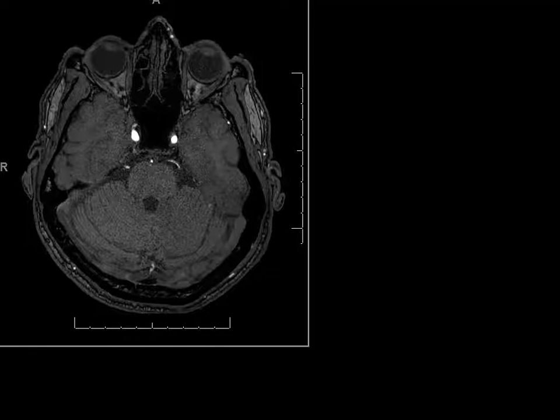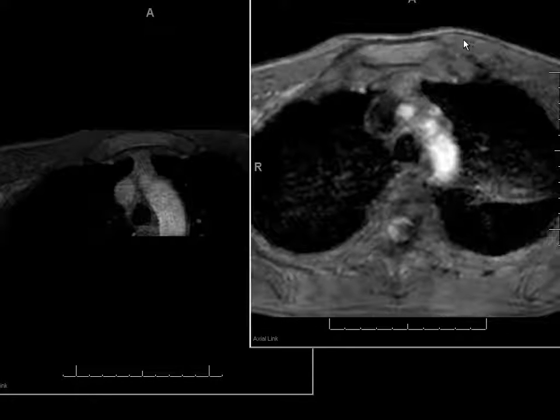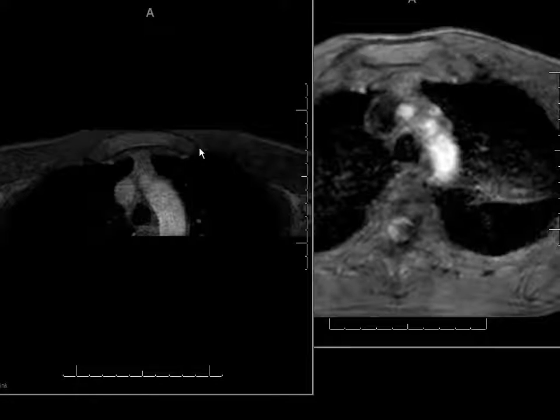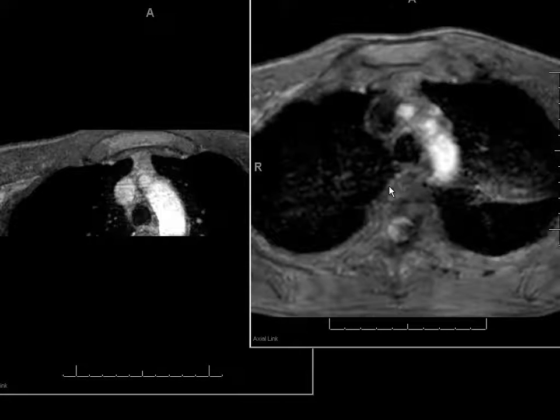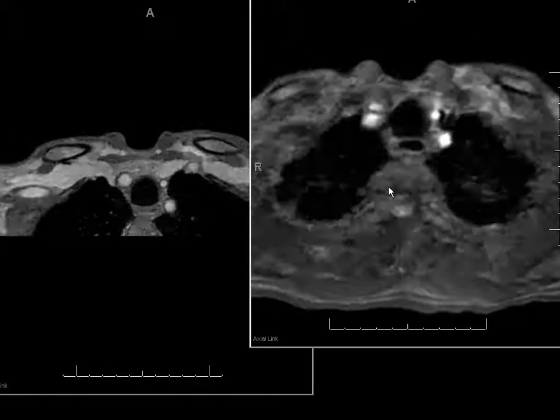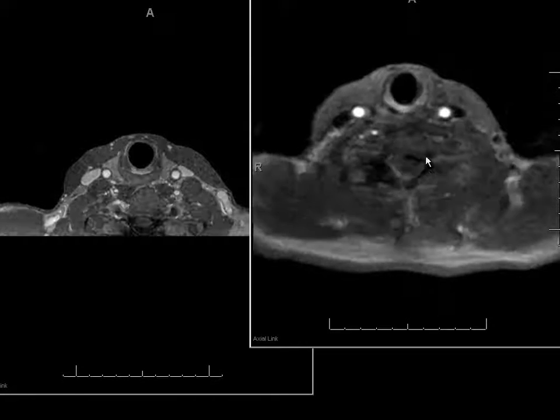So now we can talk about the utility of the intravascular agent in generating a high-resolution MR angiogram of the neck. On the left side is the traditional 2D time-of-flight MR angiogram axial images, where you can see there is a normal common carotid artery.